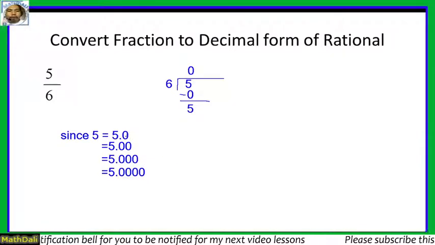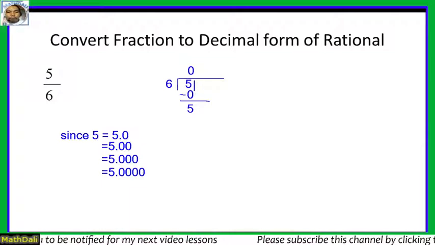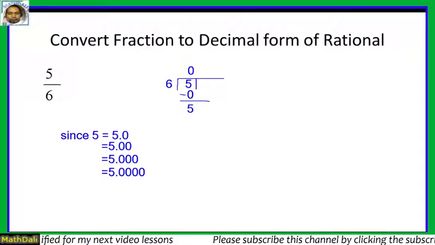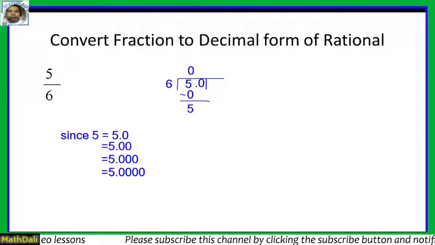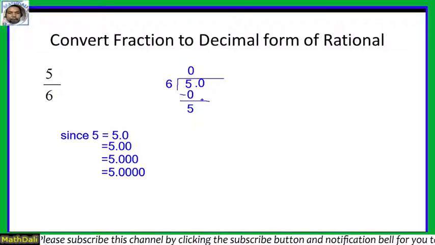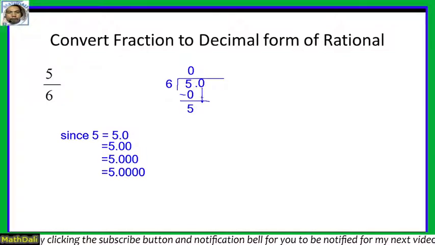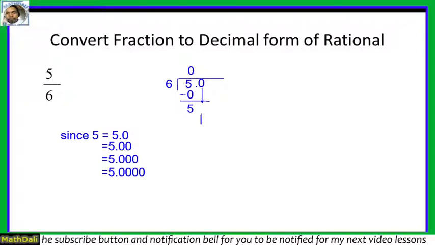Okay, so dito magdadagdag tayo ng decimal. So we have 5 point. Yan natin dito yung decimal natin. Then we have 0 muna. Okay, bring down natin yung decimal na tinagdag natin. So lagay natin dito. Yan.